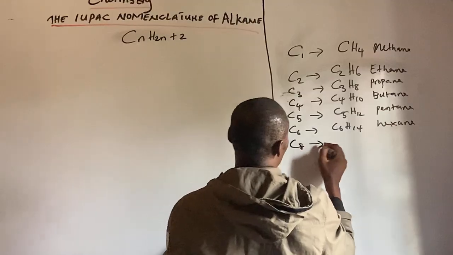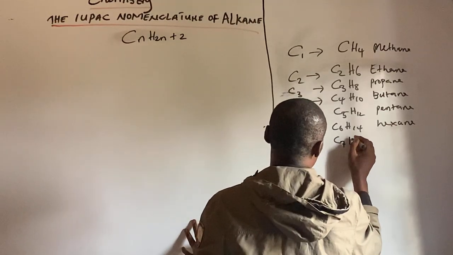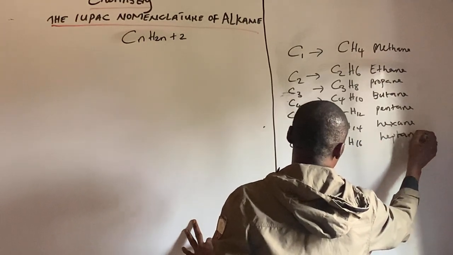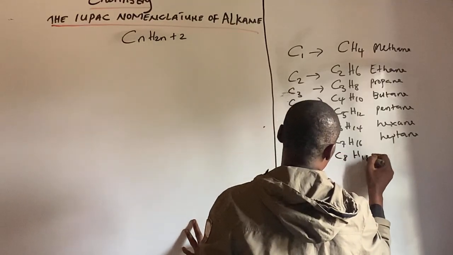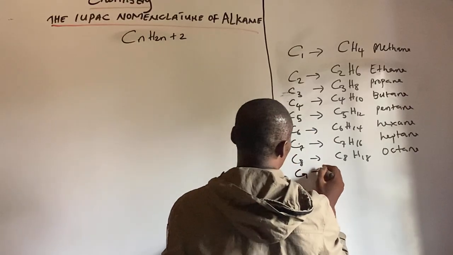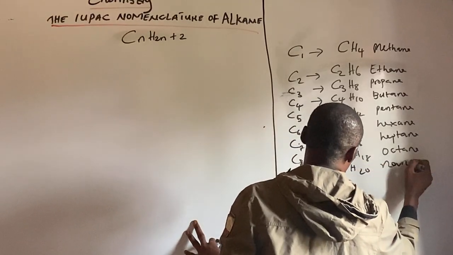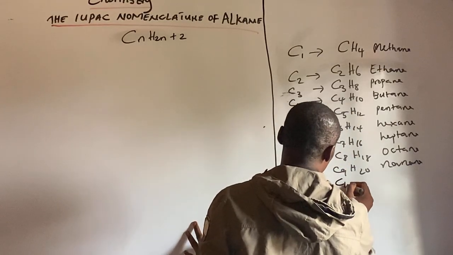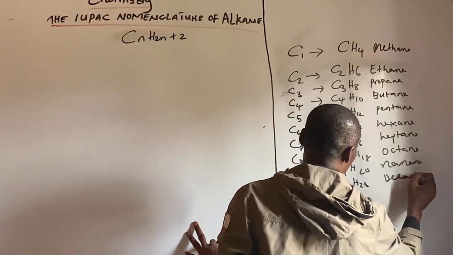Carbon 8, which is C8H18, is known as octane. Carbon 9, which is C9H20, is known as nonane. Carbon 10, which is C10H22, is known as decane.